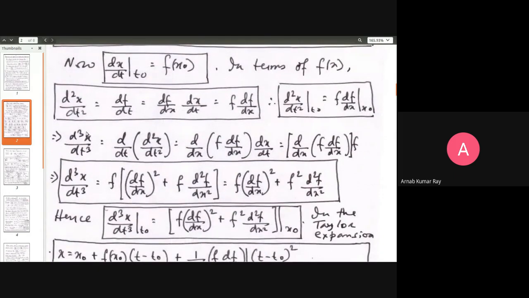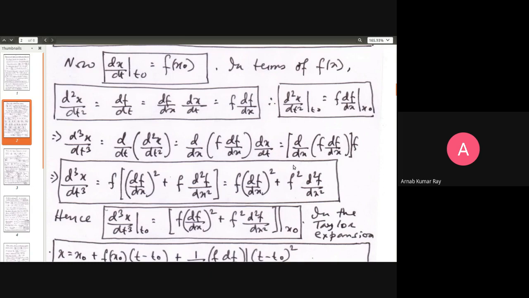Let us see now. d3x/dt cubed is what? d/dt of d2x/dt squared. And then by chain rule, I'm writing d/dt as d/dx into dx/dt. And this d2x/dt squared, I'm writing as f df/dx. And dx/dt is equal to f.